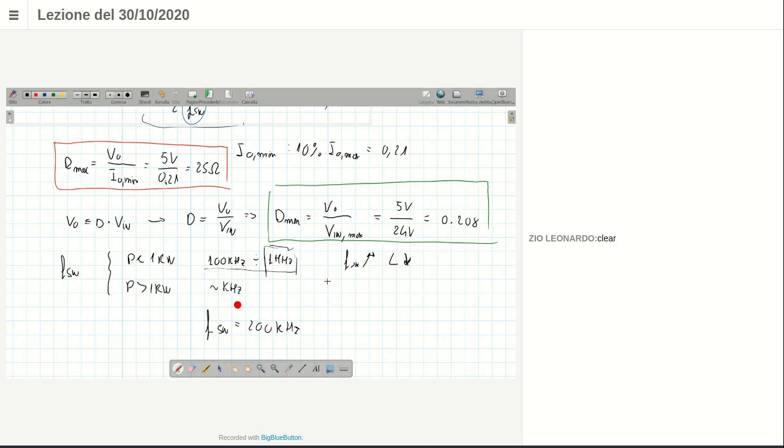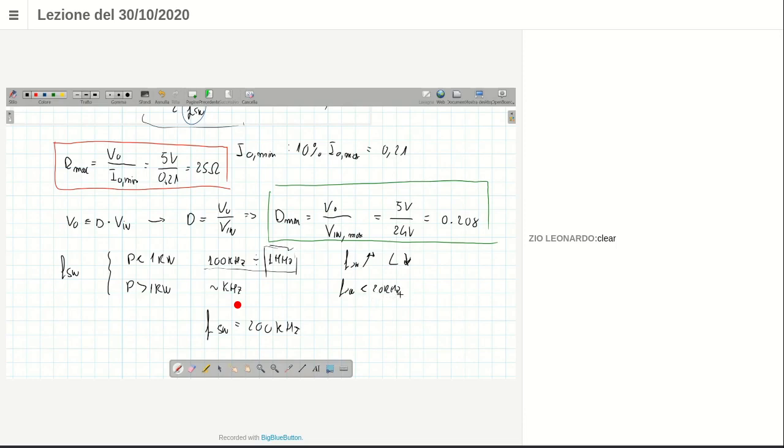One more requirement in the choice of the switching frequency: if it is below 20 kilohertz, the converter can generate audio noise, so it can become noisy.